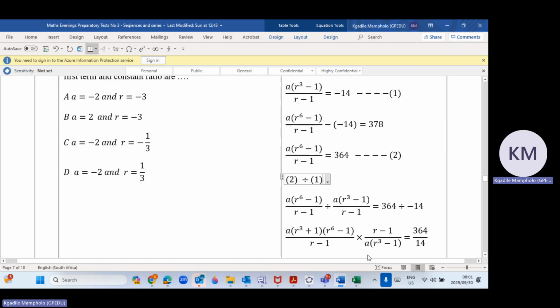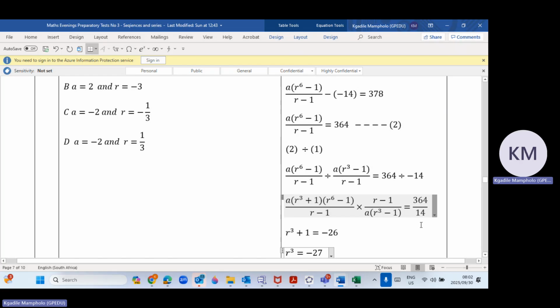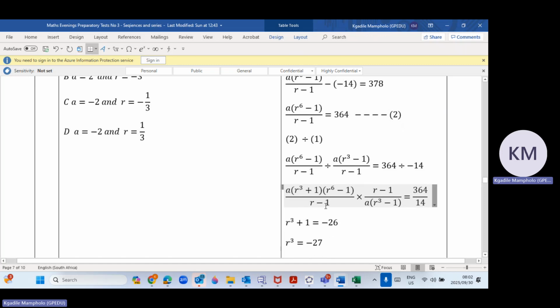When you divide them, you change division to multiplication. This goes up, this comes down. Then r minus 1 cancels r minus 1. Then here you factorize.